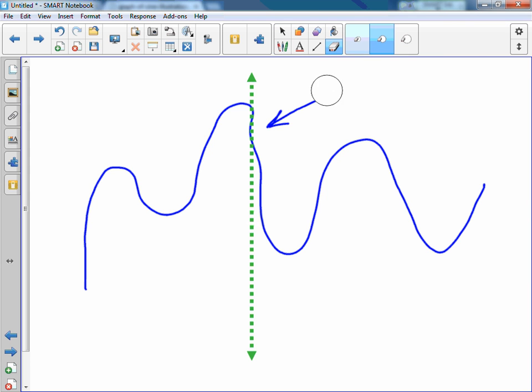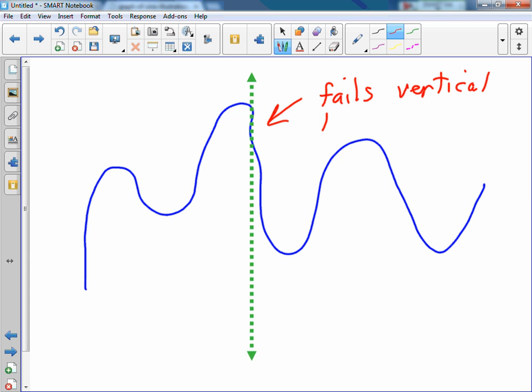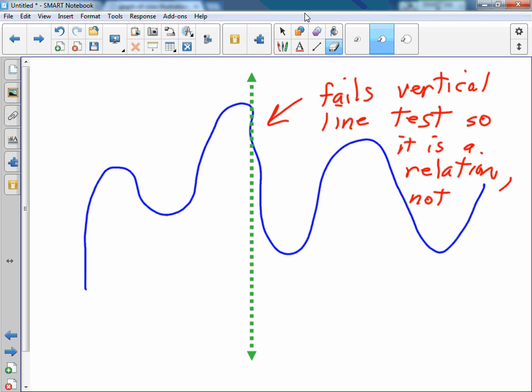I'm going to use a different color. I'll say it fails the vertical line test. So it is a relation, not a function.